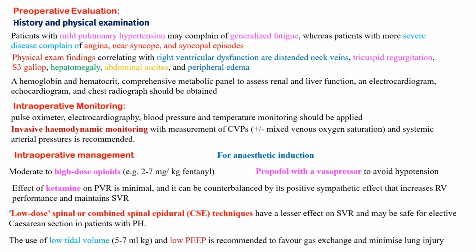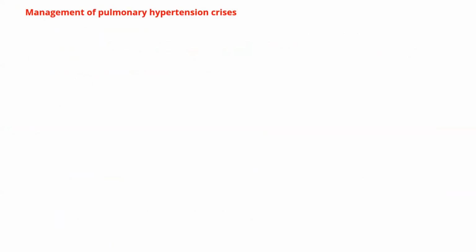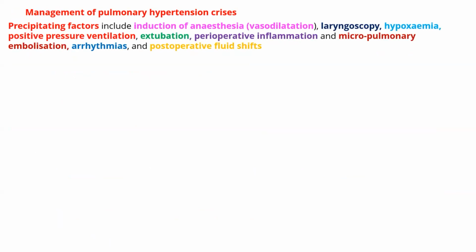For ventilation, you must use a low tidal volume with a low peak pressure to favor gas exchange and minimize admixture. Sometimes there may be a sudden increase in pulmonary pressure causing what is called a pulmonary hypertension crisis. This can be precipitated by induction of anesthesia where the SVR falls, the PVR becomes very high, and the pulmonary pressure dominates.